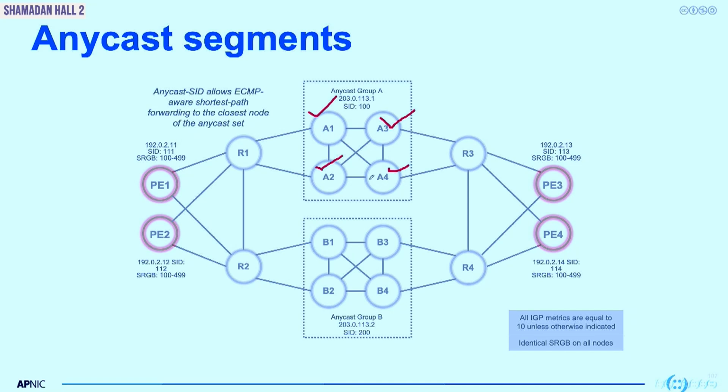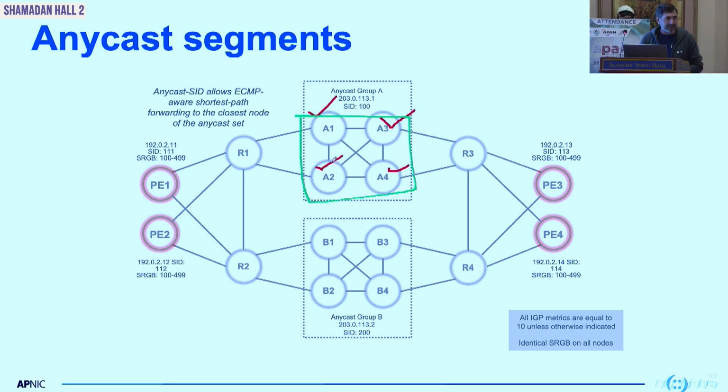We have the same concept here, because we have multiple links in the core and we want redundancy in our core network. That's why we have grouped these 4 routers with one Anycast SID.